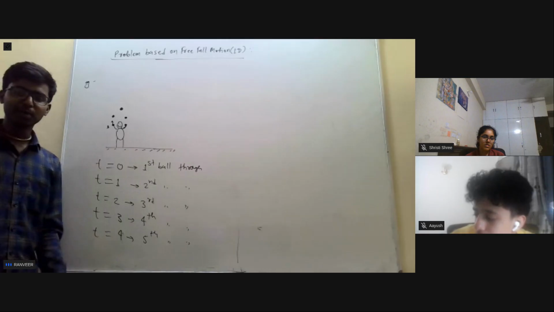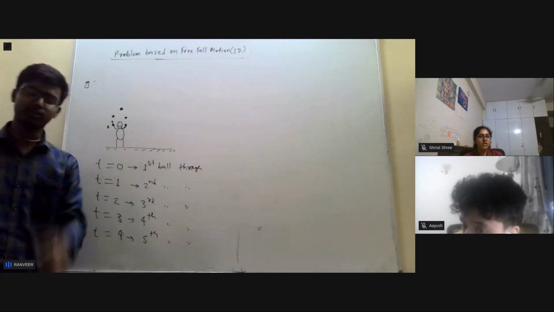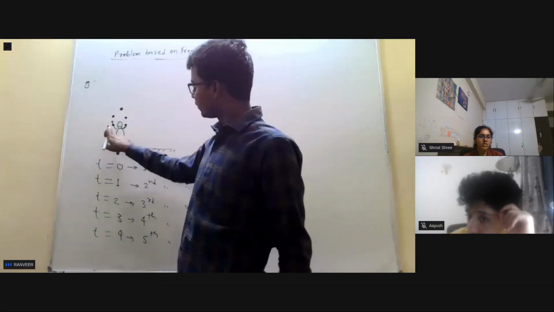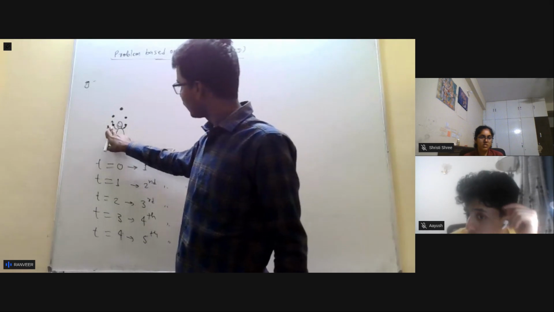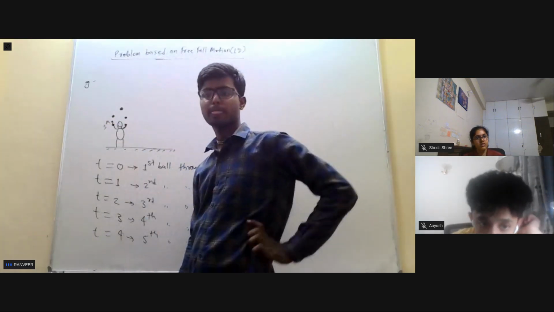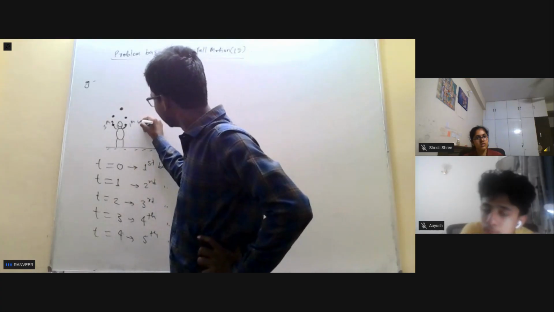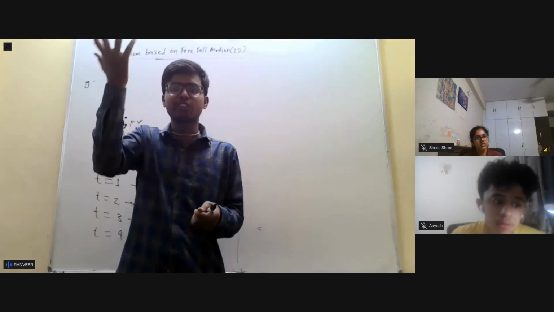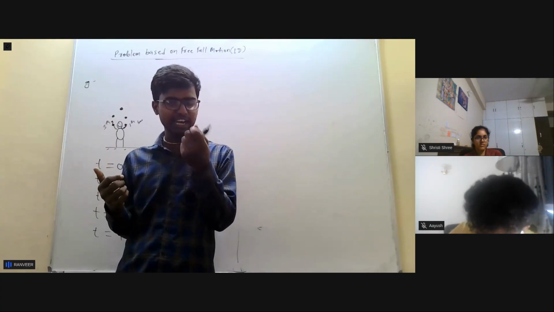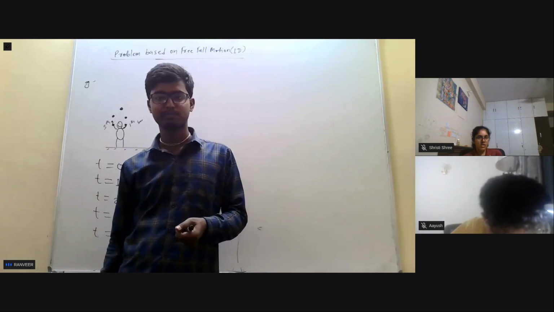And at t equal to 5, it will throw which ball? The first ball. It means when it is throwing the fourth ball, where is the first ball? The first ball has been thrown. Now when it throws the fifth ball, where is the first ball? When he is throwing the fifth ball, the first ball should be in the left hand. Then only can he take the first ball to throw the next second. Correct?